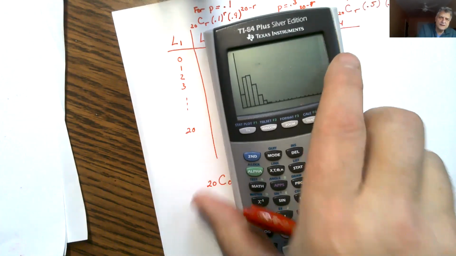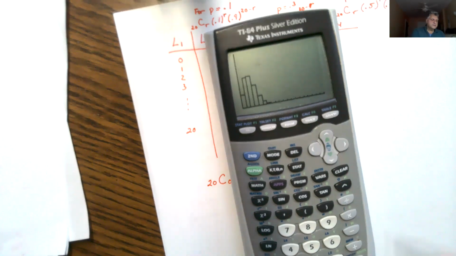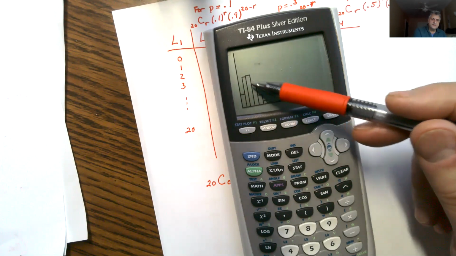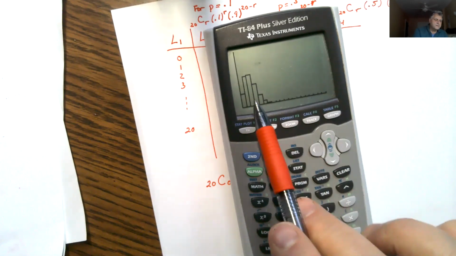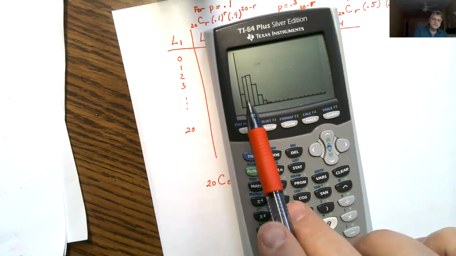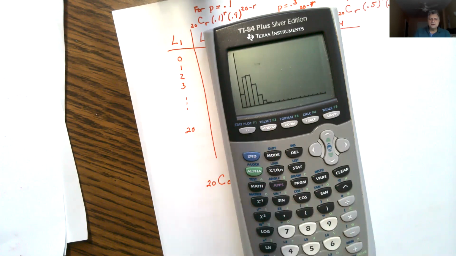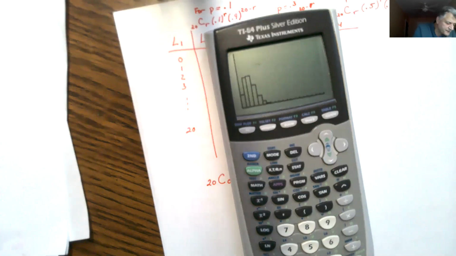Notice here, you'd expect it to be skewed to the right. Most of the probability is over on this side, because you're probably not going to get many heads, since the probability of getting heads is just 0.1. So notice how that's skewed here.